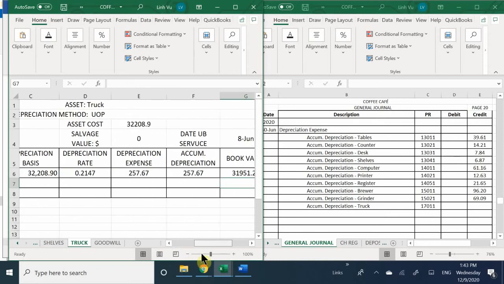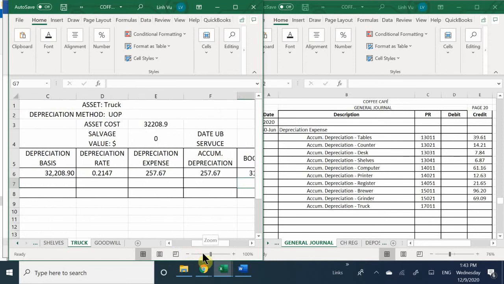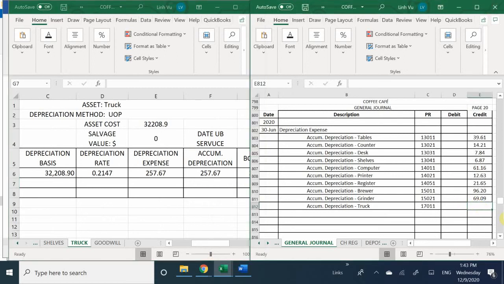Oh yes, okay. 257.67. All right, add up your columns. Oh, we don't have to do Goodwill? Goodwill is going to be amortization expense. Oh, gotcha, sorry. No worries.